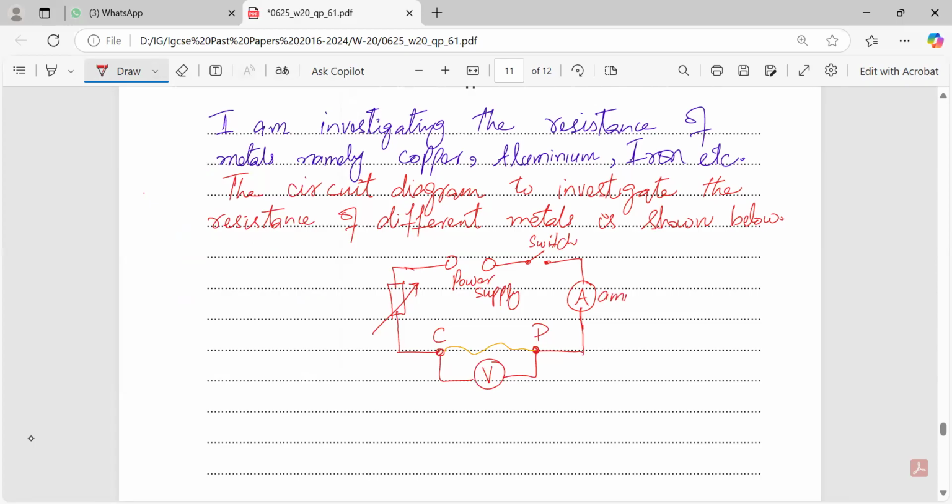This is an ammeter to measure the current and always connected in series. This is, you can say, one of the given metal wires. This is the voltmeter. And this one is a variable resistor, by the way, to control the current.